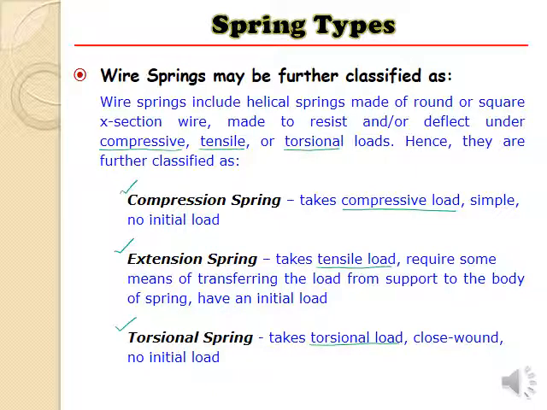The compression springs are simple. They do not require an initial load. So if I want to make a compression spring, I will just take a solid rod and wrap the wire around it in the form of a helix that you have studied in your engineering drawing.